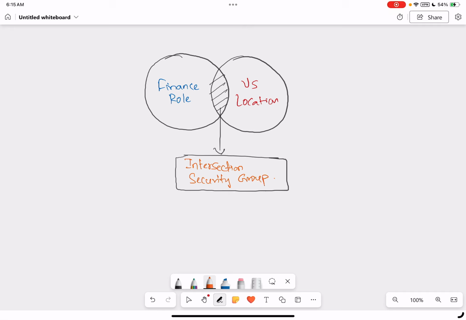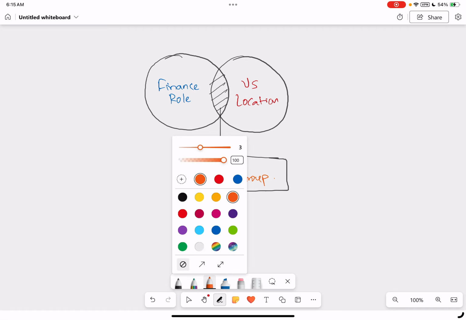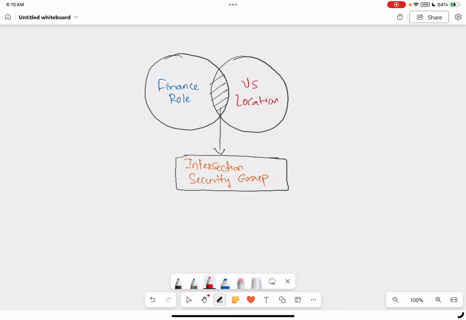Intersection equals access only when both conditions are true.